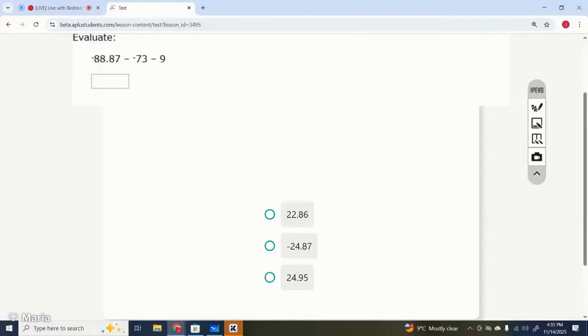Negative 88.87 minus negative 73 minus 9. So you have to subtract. You can go from right to left.